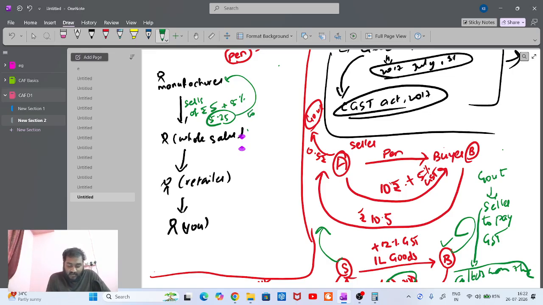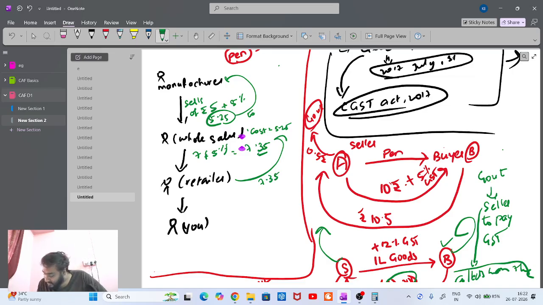So the cost for the wholesaler is 5.25. The wholesaler sells it at 7 rupees plus 5% GST. The total is 7.35 rupees. So the retailer pays 7.35 to the wholesaler. The retailer charges around 10 rupees.